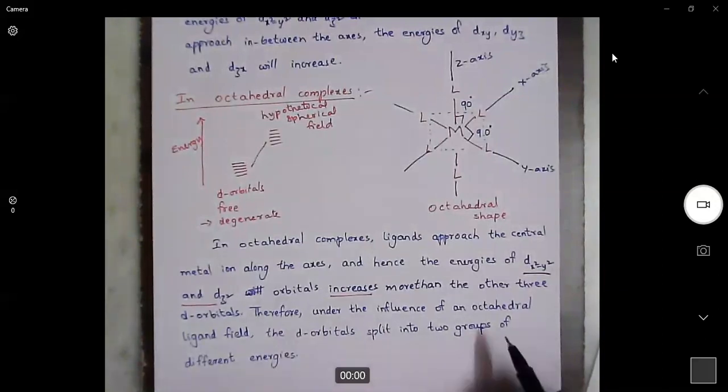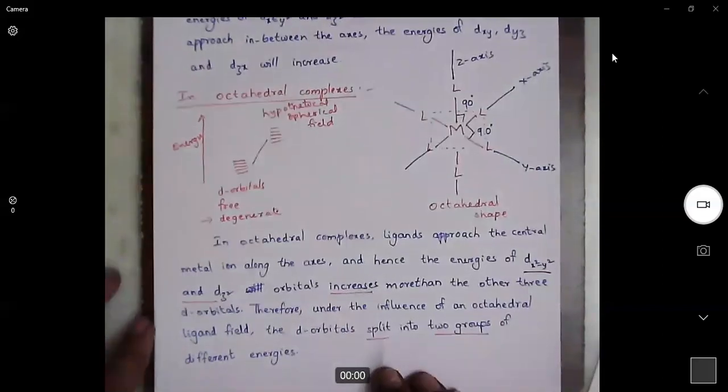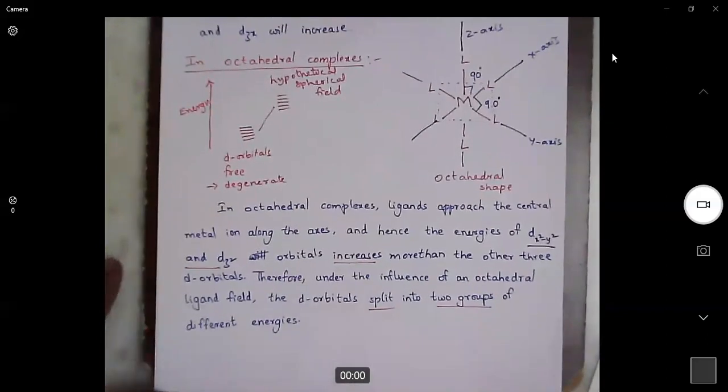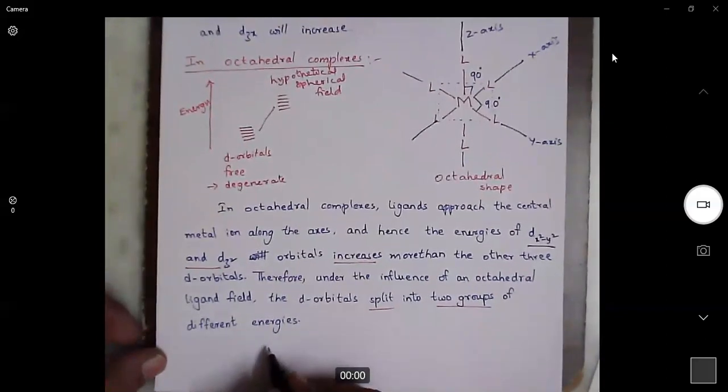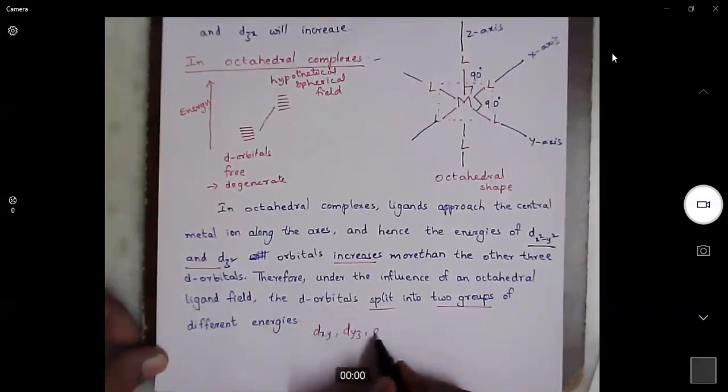So in an octahedral complex, the d orbitals are split into 2 groups. How? One with lower energy, that is dxy, dyz, dzx.